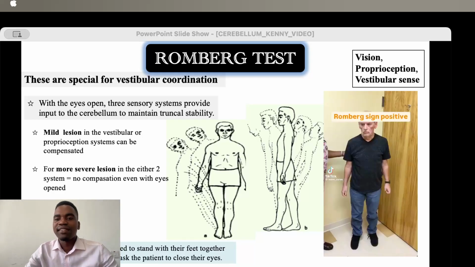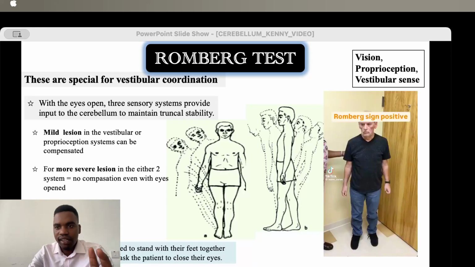So what happens in this testing is someone has got damage either in the proprioception or the vestibular sensation, but the vision and one of these are intact.